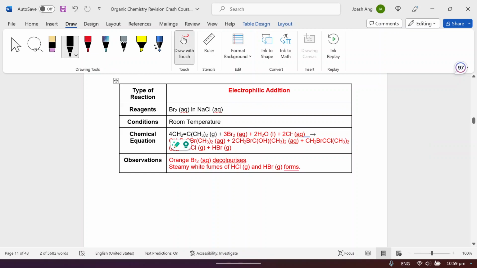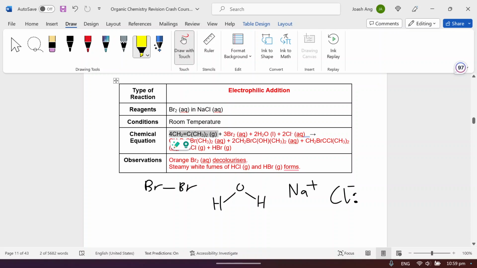So what are the chemical species in my reagents? Which is Br-Br. There's also H2O, there's sodium, and there's chloride ion. So the only possible electrophiles are Br-Br and H2O.